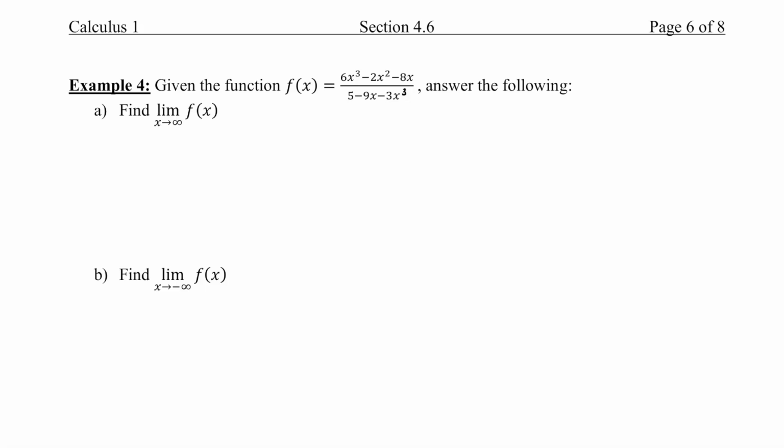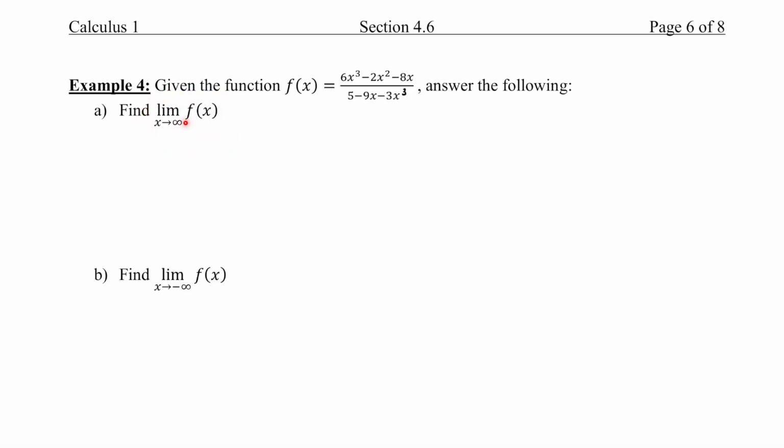Now, let's work through these examples step by step using the limit method. We're given f of x equals 6x to the third minus 2x squared minus 8x over 5 minus 9x minus 3x to the third. We want to find the limit of f of x as x approaches infinity.